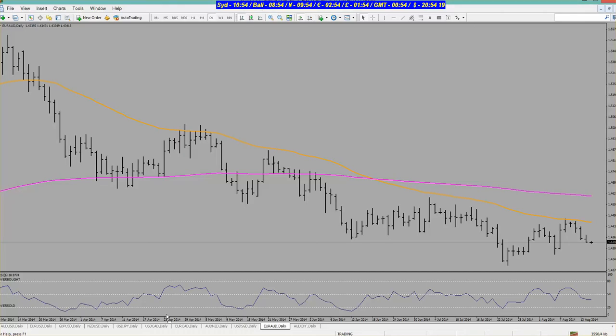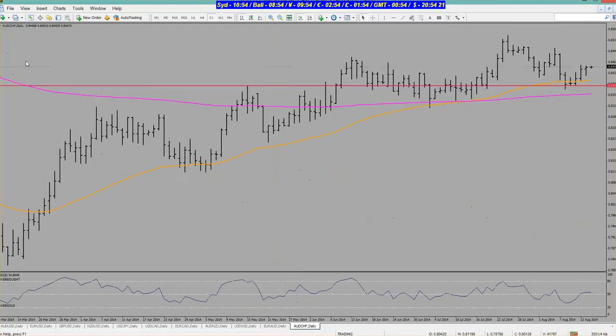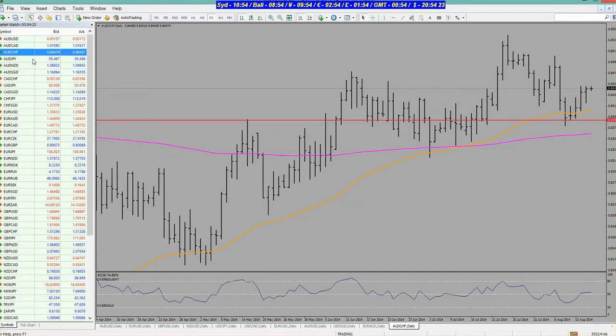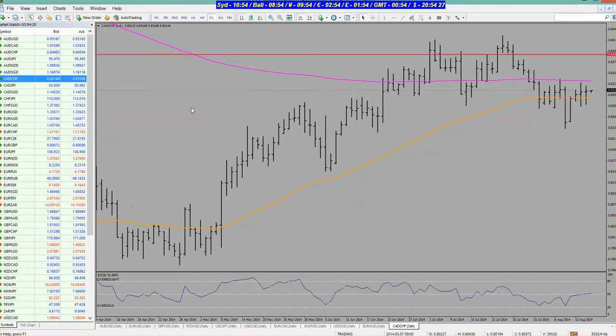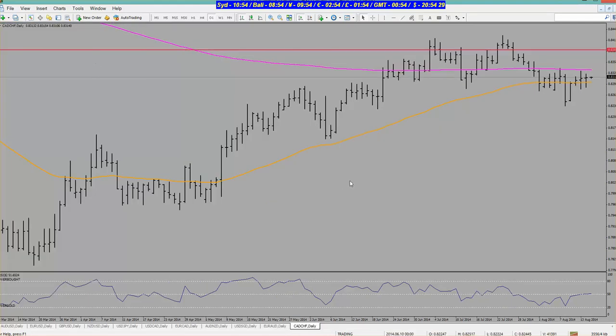This one might be a little different to the Euro CAD, just as the Aussie Swiss is different to the Euro Aussie. And Aussie Swiss was, I think, a stronger setup than the Euro Aussie.